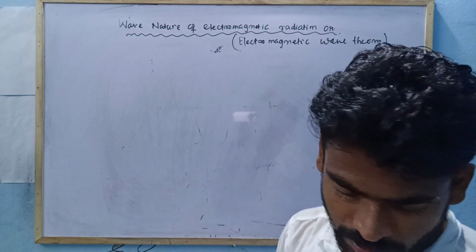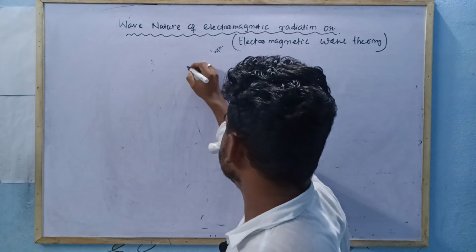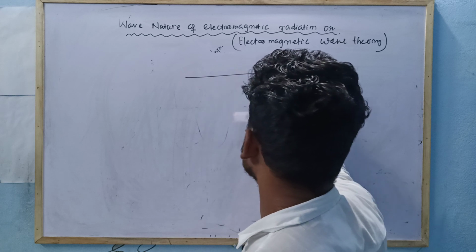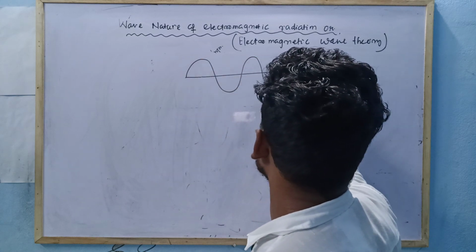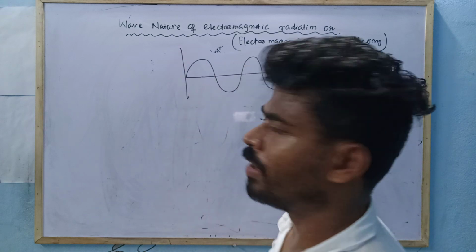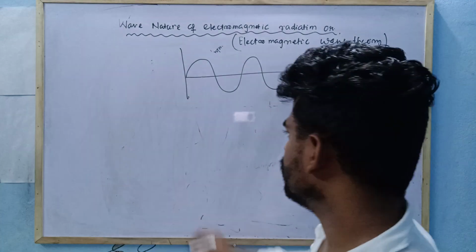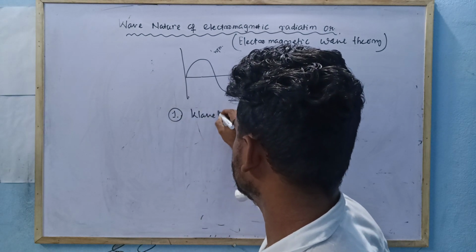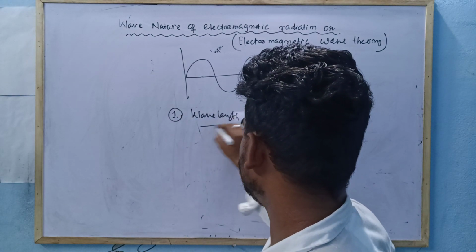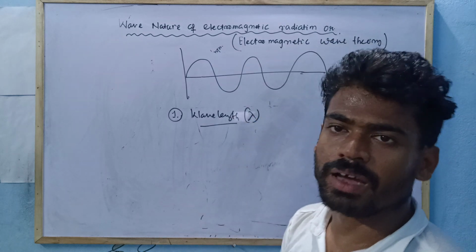So if I represent a genuine wave like this, the first one is wavelength. Wavelength is represented by lambda.